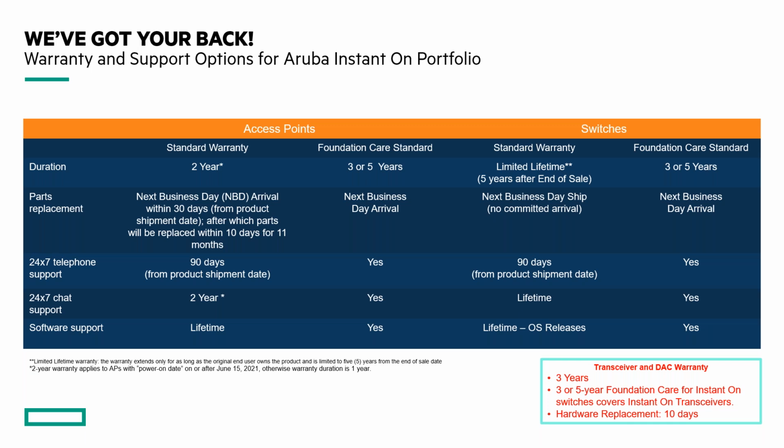Same thing with the switches, except the switches have a limited lifetime warranty and next business day ship. So they would not ship out the same day, but it would be the next day if there was an issue of that sort. And then 90 days, again, for phone support, lifetime for chat support, lifetime for the OS.